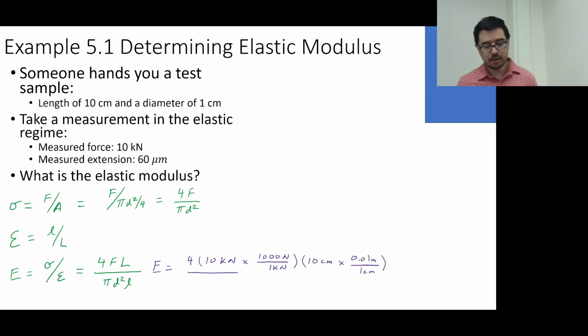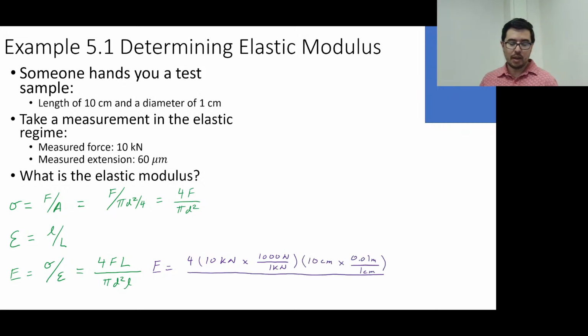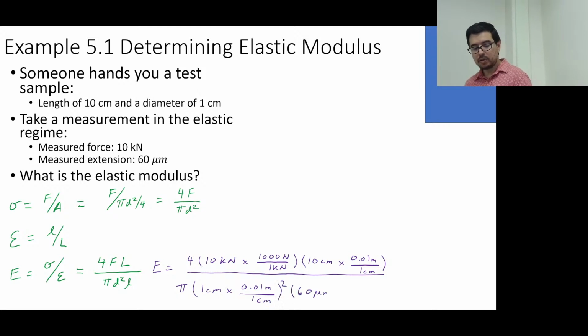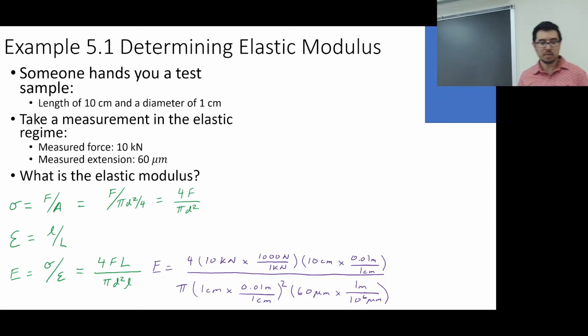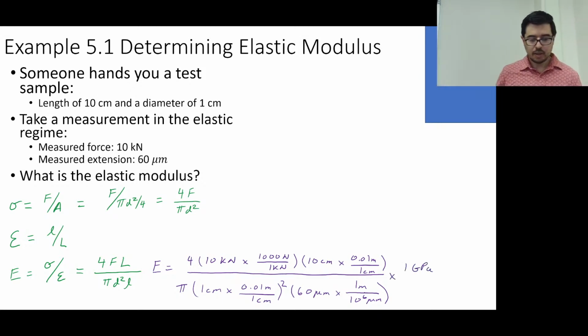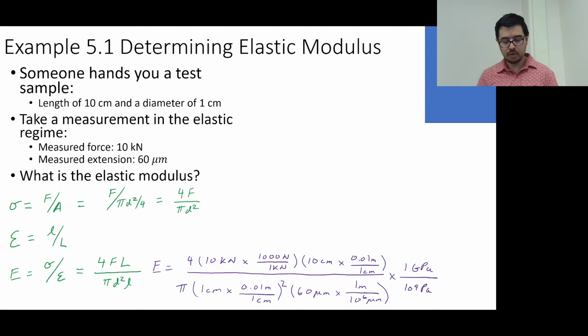If you have the time and the patience, you keep track of all your units very carefully. That's the advantage of doing things by hand. It's not impossible, but it's often a little bit tricky to keep track of the units.